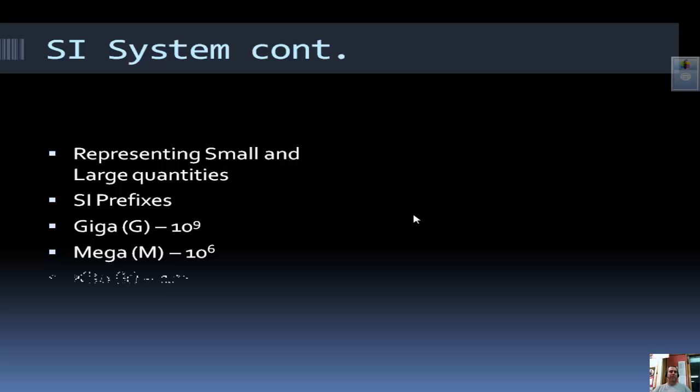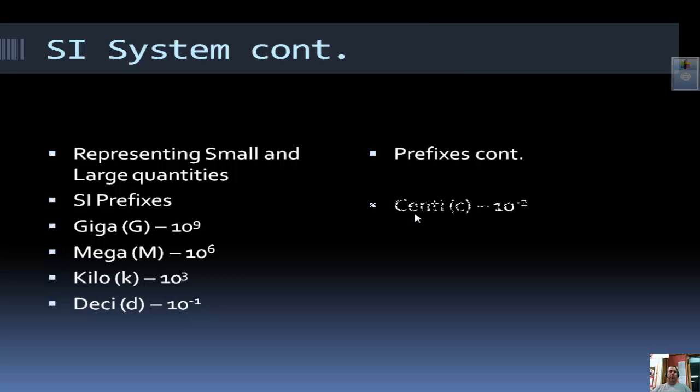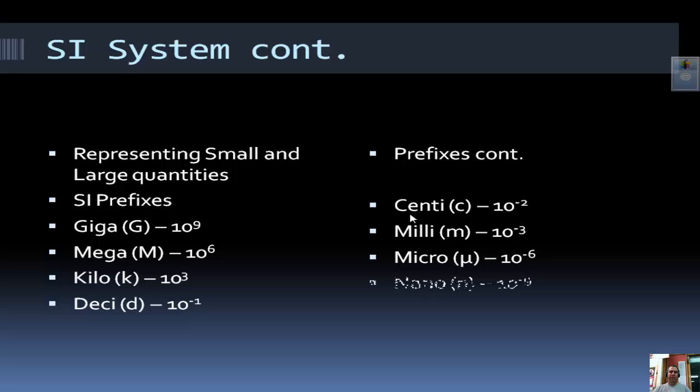Mega is 10 to the sixth. Kilo is 10 to the third. Deci is 10 to the negative 1. Centi is 10 to the negative 2. Milli, 10 to the negative 3. Micro, 10 to the negative 6th. Nano is 10 to the negative 9th. And pico is 10 to the negative 12th.